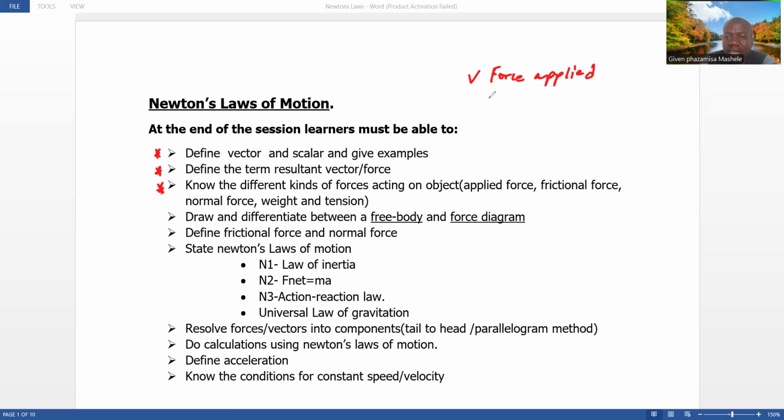Then the second one, we have what you call a frictional force, which we'll talk about. And we have what you call the normal force. Then the other one, we have the weight, the force of gravity, or the gravitational force.